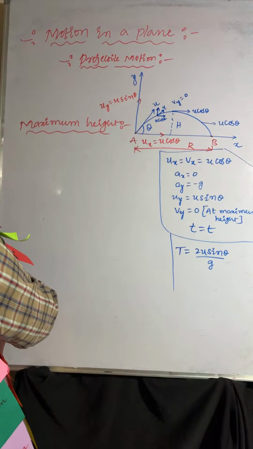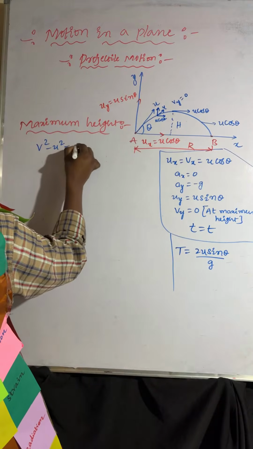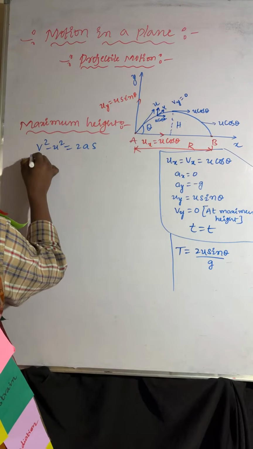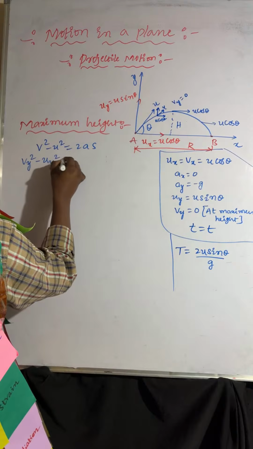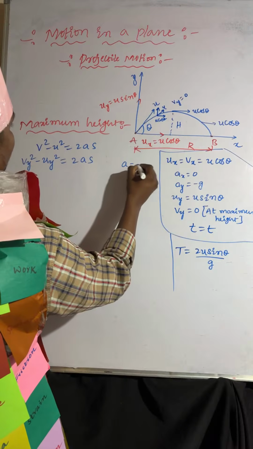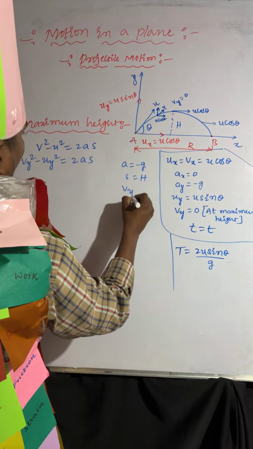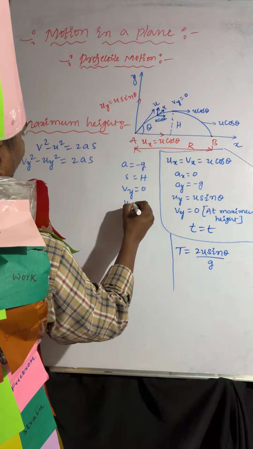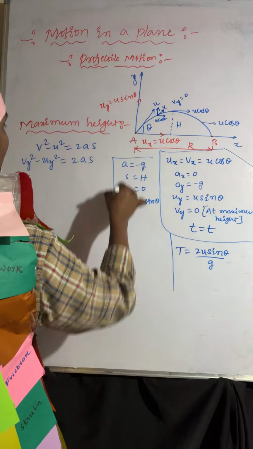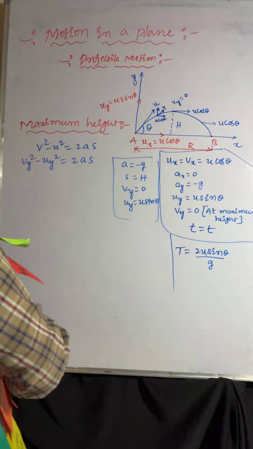Now we can take the equation v square minus u square equals 2as. Here vy whole square minus uy whole square equals 2a s, where a equals minus g, s equals h, and uy equals u sin theta initially. When it reaches the maximum height, the final velocity is 0.